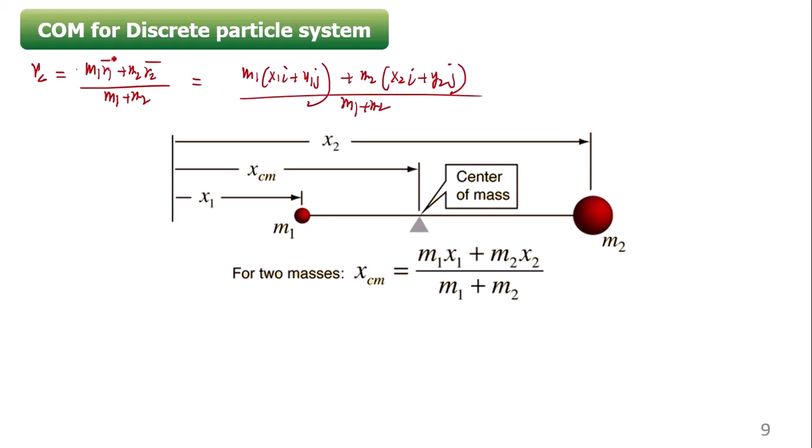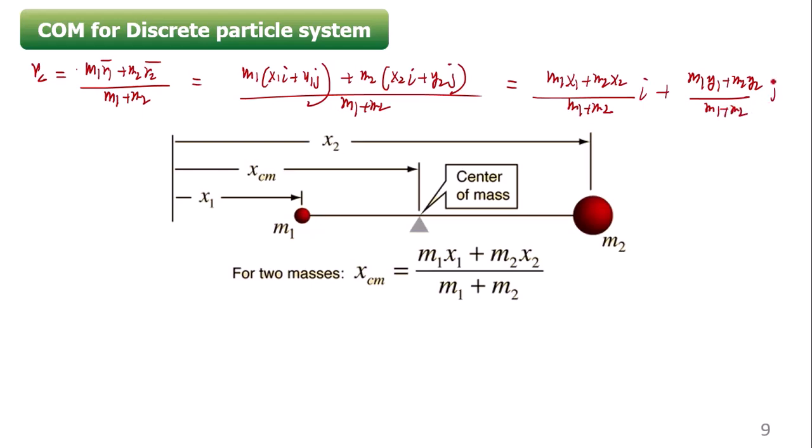Now if I take the i components together and j components together, I can write M1 X1 plus M2 X2 divided by M1 plus M2, that is the i part. Similarly, M1 Y1 plus M2 Y2 divided by M1 plus M2, that is the j part.